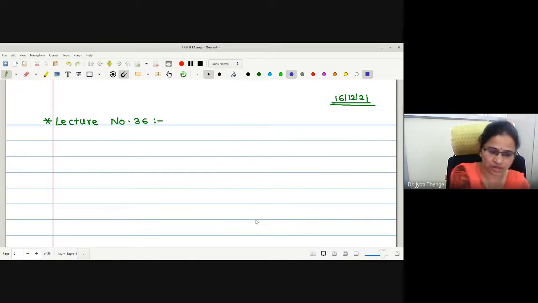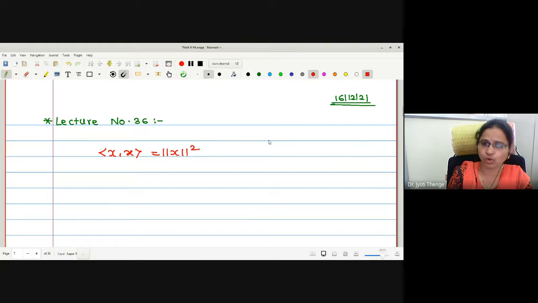Now in today's lecture we are moving ahead towards showing that every inner product induces a norm. How is it going to induce the norm? Because we have seen the relation between the inner product and norm: inner product of x with x we have written as norm square of x, which is very similar to this concept.